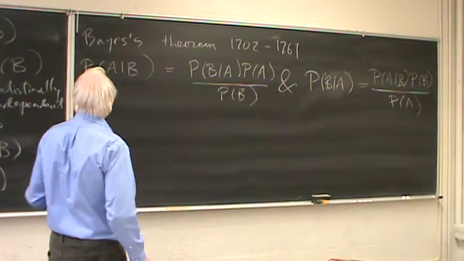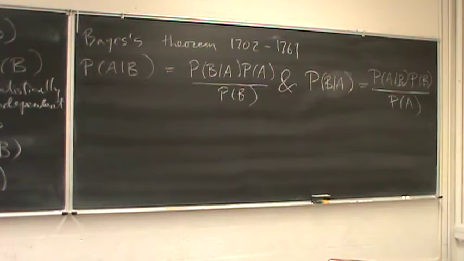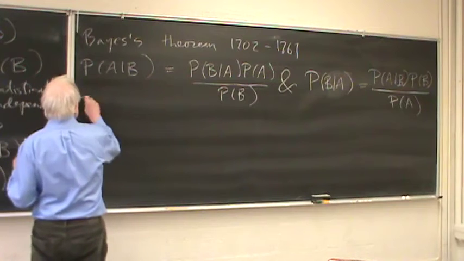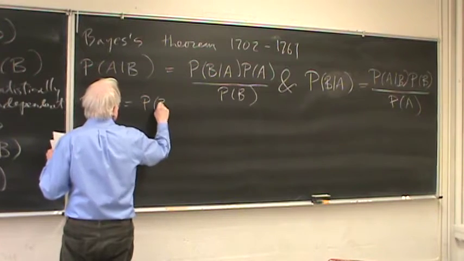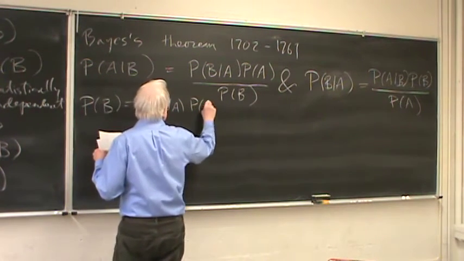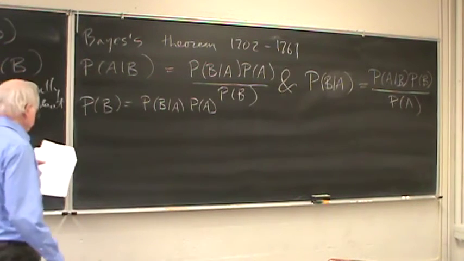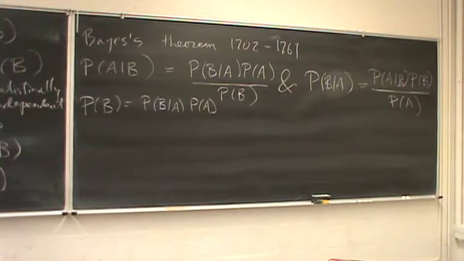Let's first look at this case. Okay, so what we can always say is the probability of B is the probability of B given A times the probability of... wait a second.